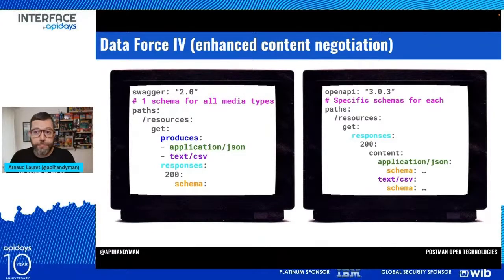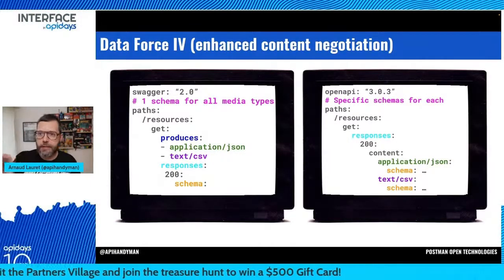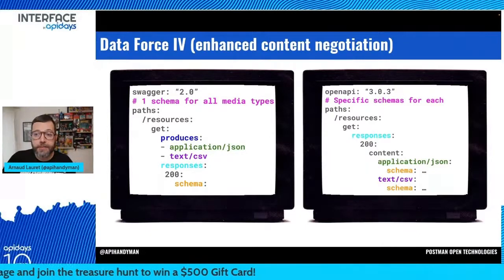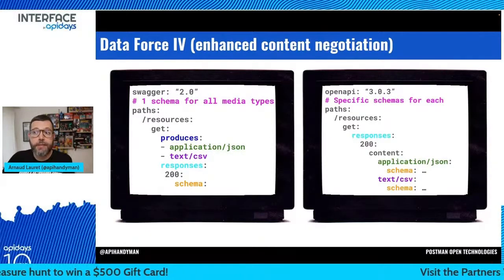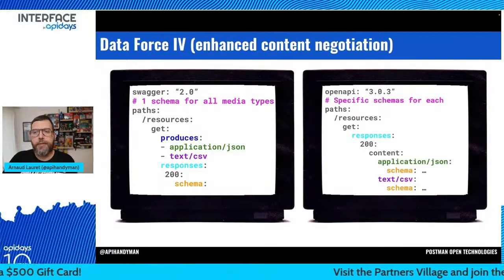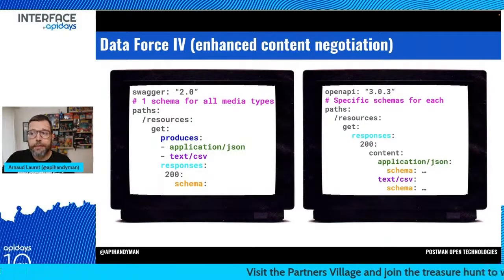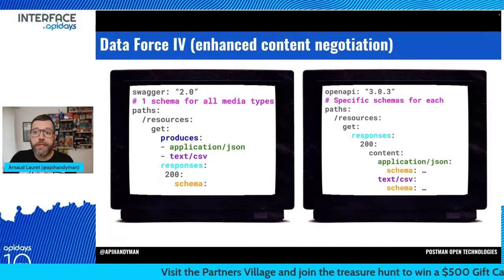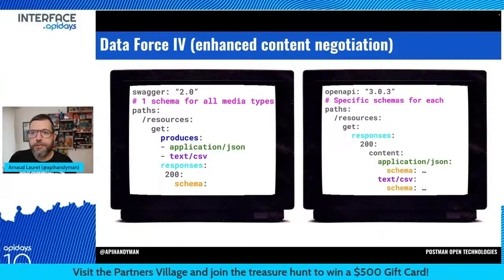With OpenAPI 3, the produces property has been removed, and now you define the content type of the response body or the request body inside a content property using specific keys like application/json or text/csv. And so you can define a specific schema for each content type. That allows you to have a better definition of your API if you take advantage of this HTTP feature.